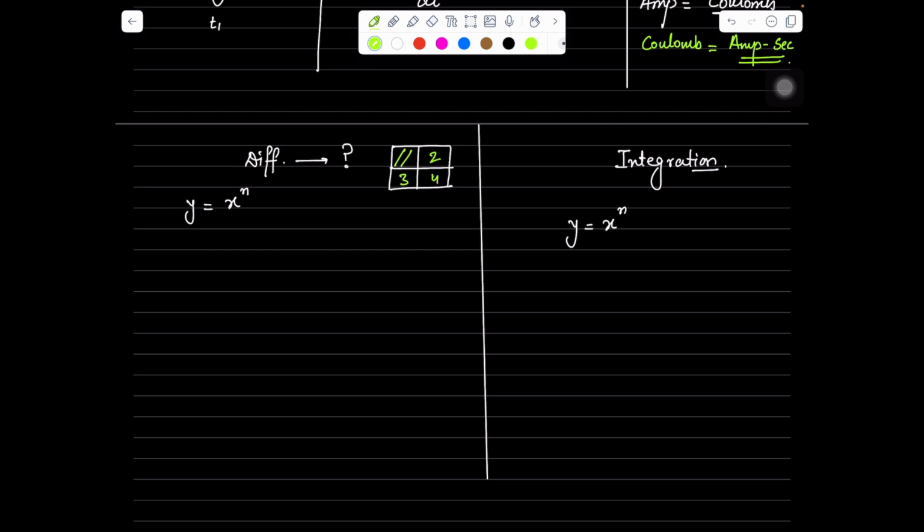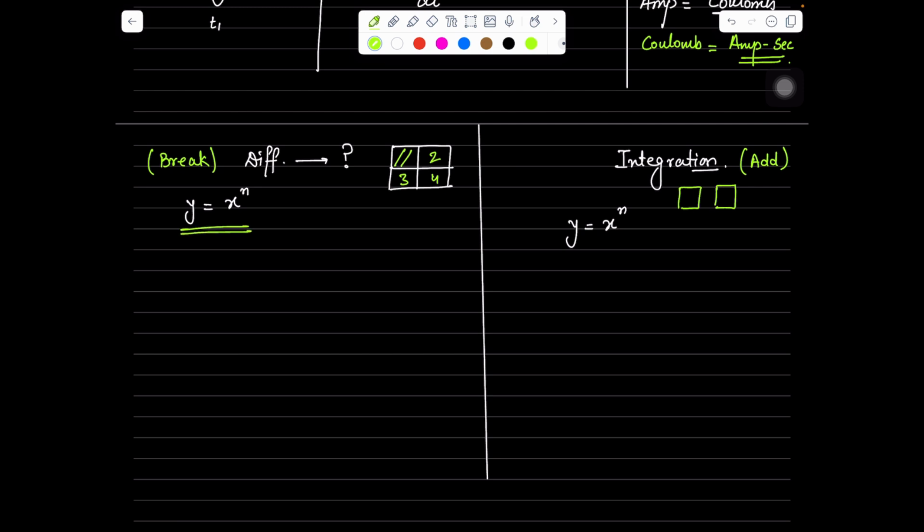This is called differentiation. But in opposite, integration means you need to add them. Remember, to add. And here, to break. Clear?